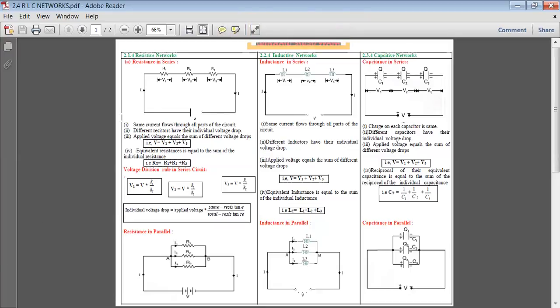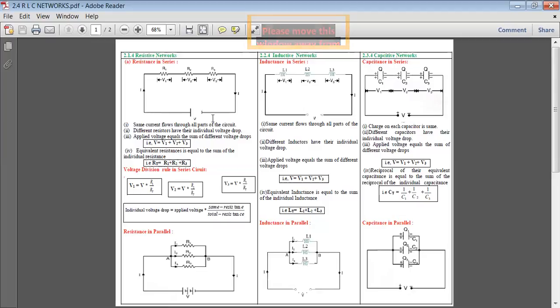Now come to point 1. In series, the same current flows through all parts of the circuit. What do we understand by this? For example, because of some voltage, the current will be 2 amperes.